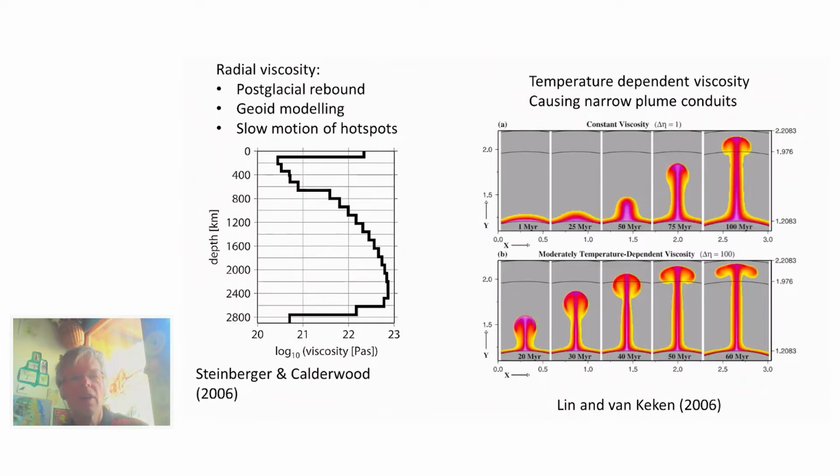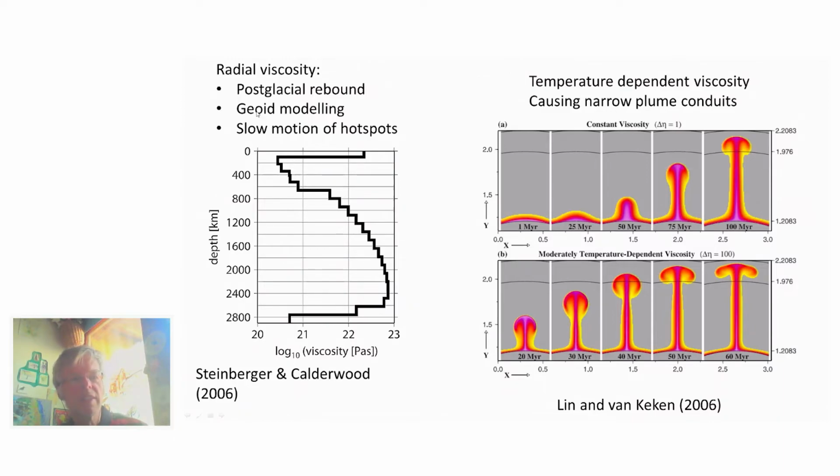agreed upon. Right, so as I said, the largest uncertainty comes from mantle viscosity. So radial viscosity, here in this case, which I did together with Arthur Calderwood. What you know from post-glacial rebound is kind of the average viscosity through the mantle and a little bit of depth dependence. So you know this average value of about 10^21 Pascal seconds.